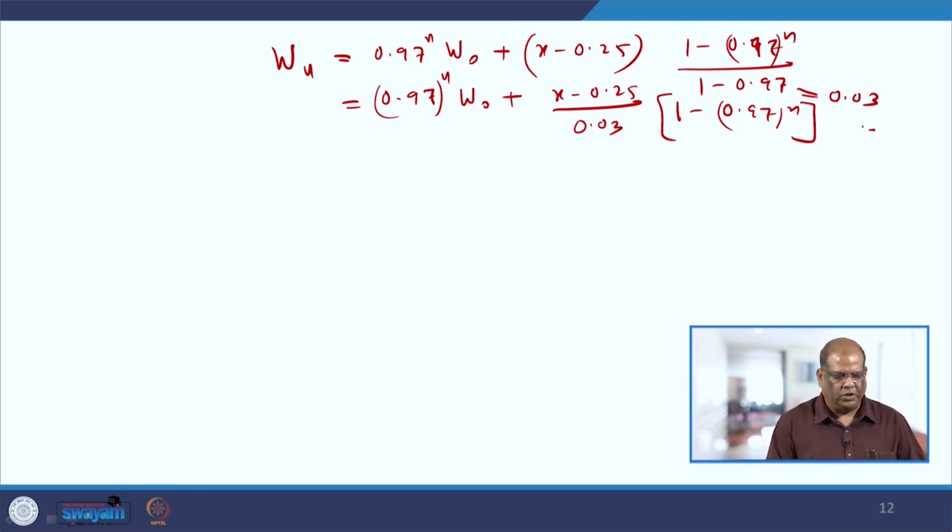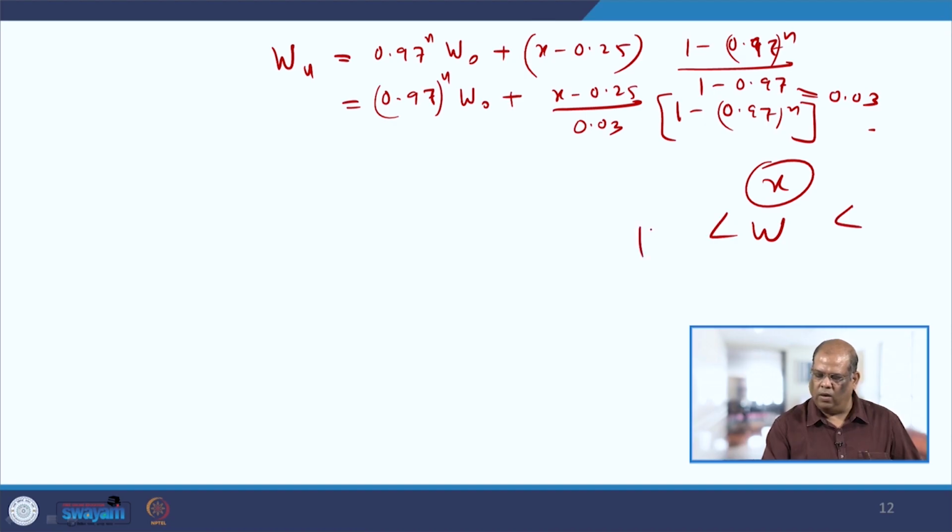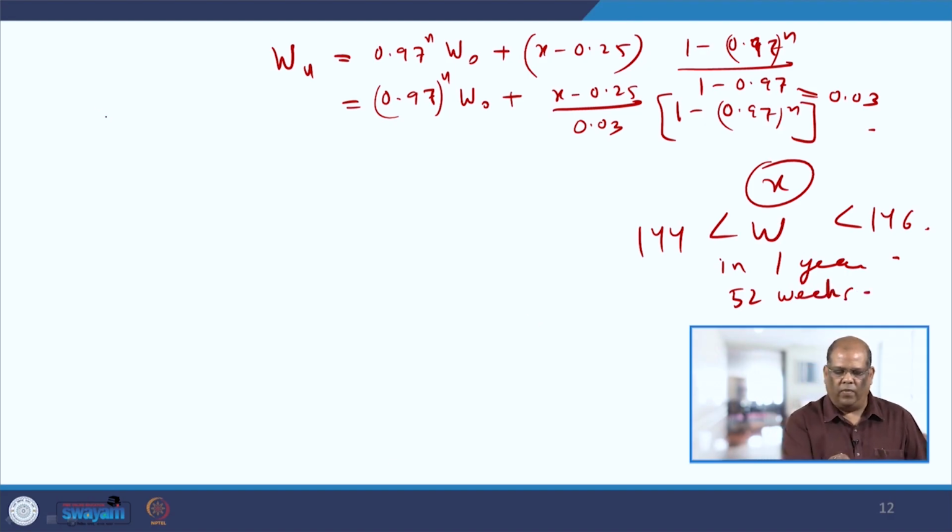So, the question was how much calorie you must take so that you can keep the weight between 144 and 146 pounds in 1 year, which is 52 weeks. So, here n is equal to 52.